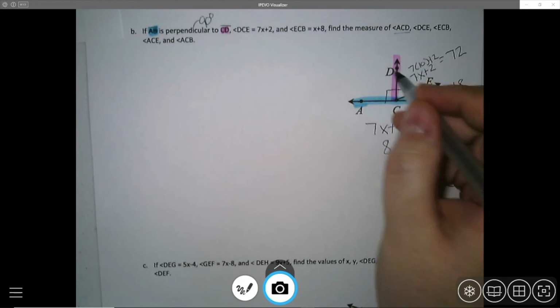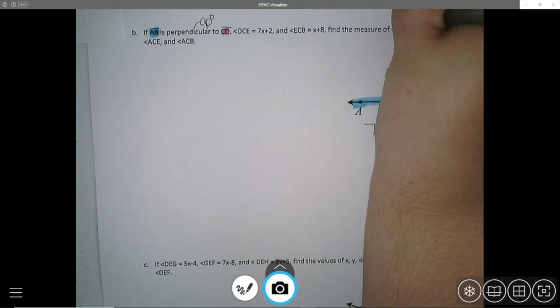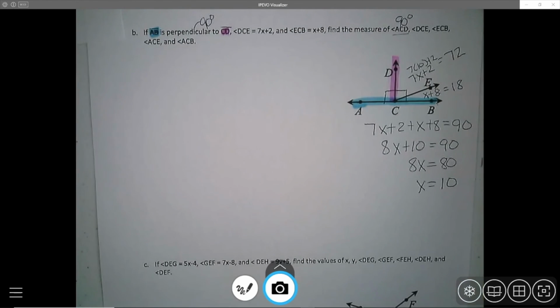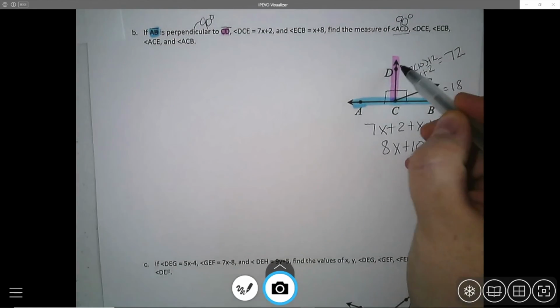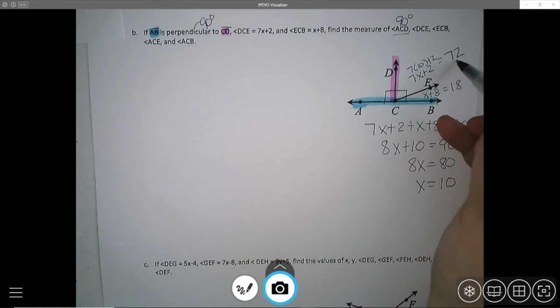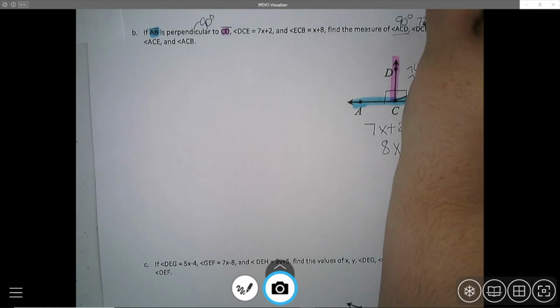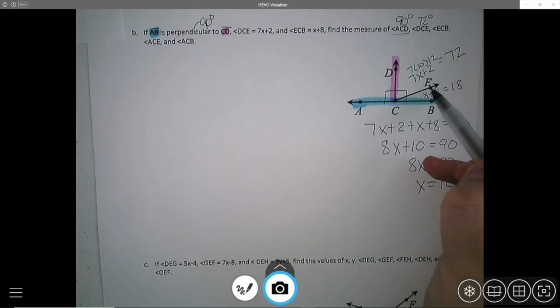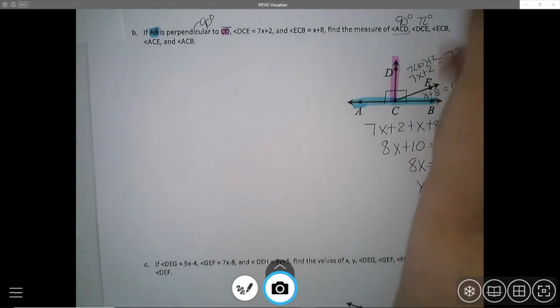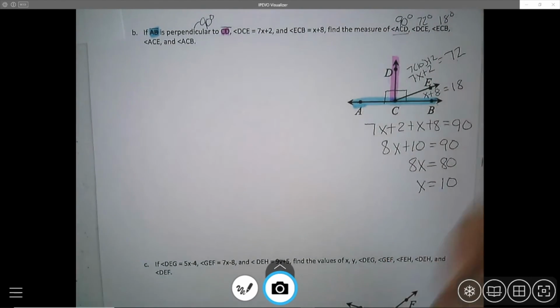ACD is this angle right here. We already know what that angle is because it has the box. ACD, since it has the box, is a right angle or 90 degrees. DCE, we already found, we substitute in, that's 72 degrees. ECB, we already substituted in, that's 18 degrees.